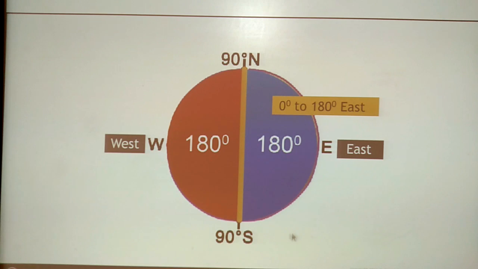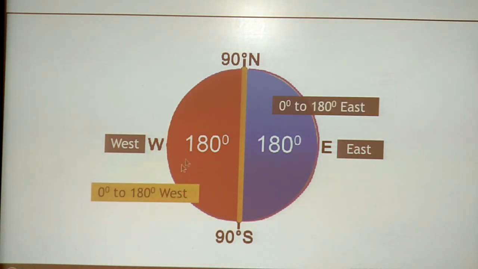So from the prime meridian it starts from 0 degrees to 180 degrees east. That means this area will have the longitudes of the eastern side, and here we will have the longitudes that are on the west side. It will also have the same 0 degrees to 180 degrees west.